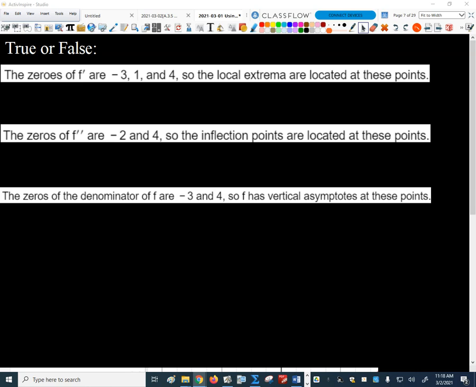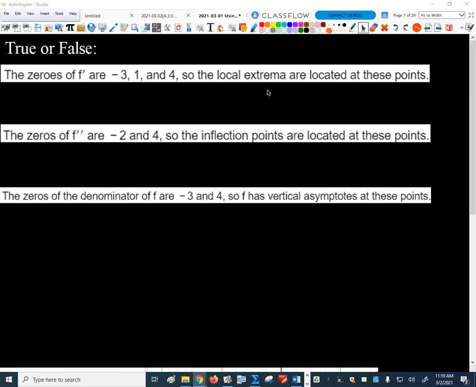Johan, what's the counterexample? I'm not entirely sure. Okay, what could happen there, somebody? How could we have zeros of the first derivative that are not local extrema or relative extrema? Local and relative mean the same thing, right?